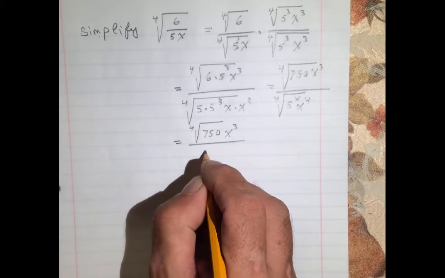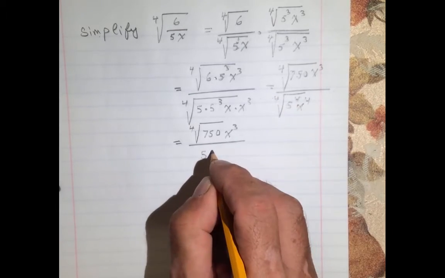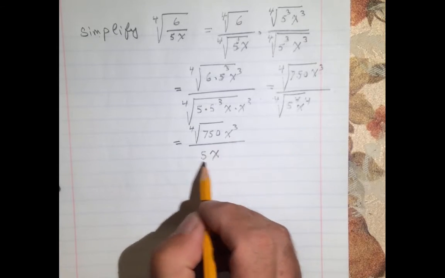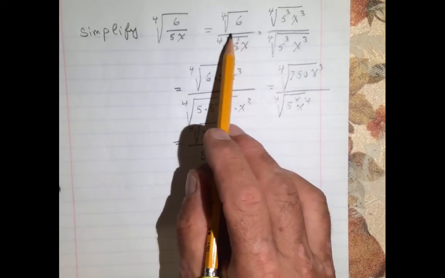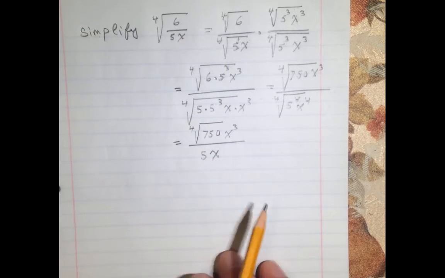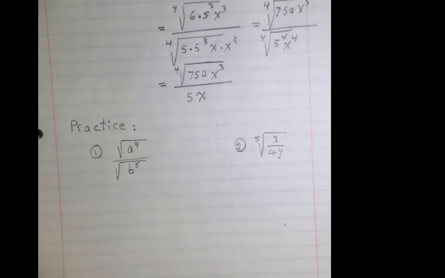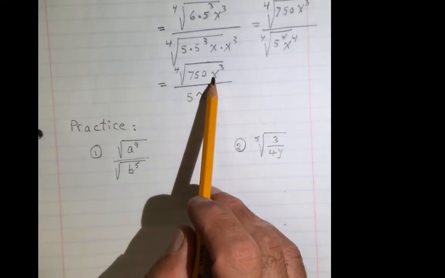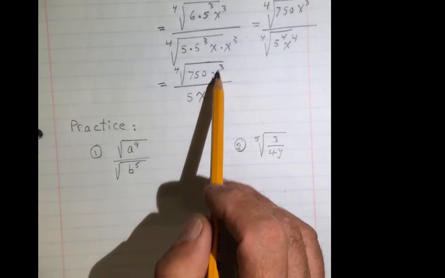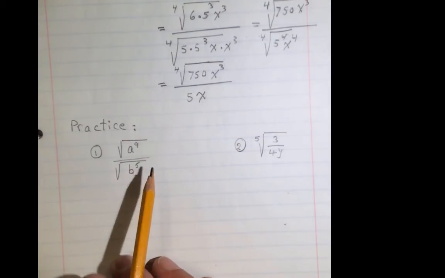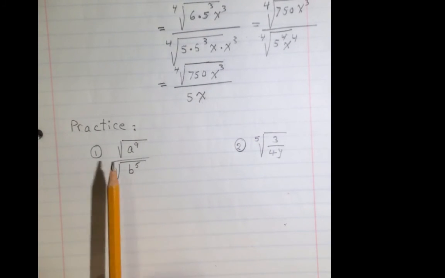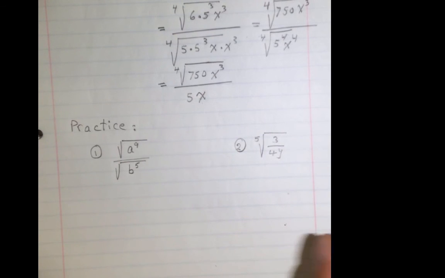So that becomes 5 power 1 and this becomes x. So now we were able to eliminate the radical from the denominator. Keep in mind that this x power 3 here is inside the radical, so we can't reduce this. Now try to practice these two problems and good luck.